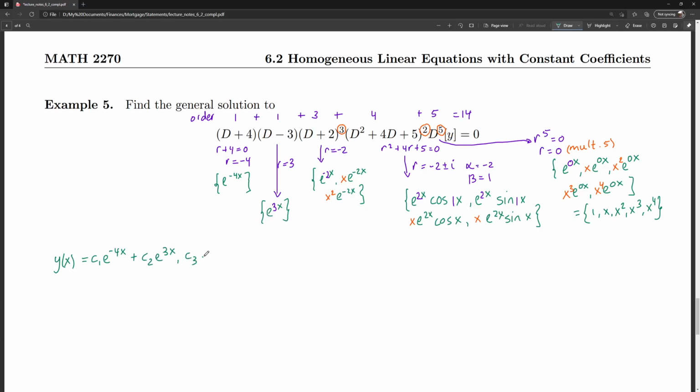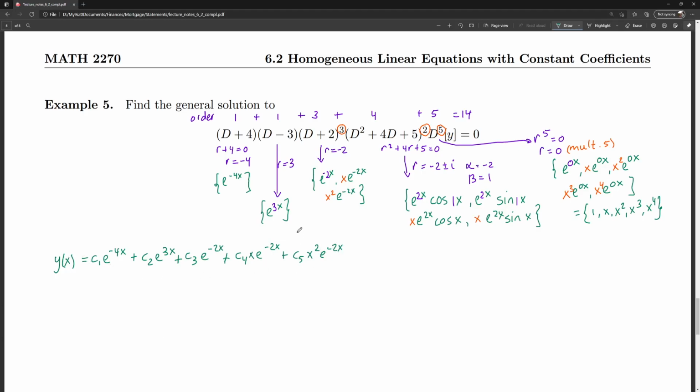And then we have plus c3 e^(-2x) plus c4 x e^(-2x) plus c5 x^2 e^(-2x).